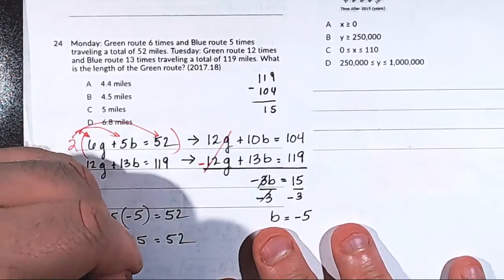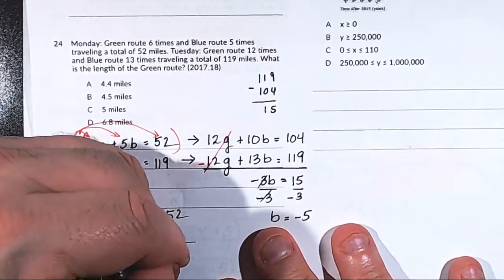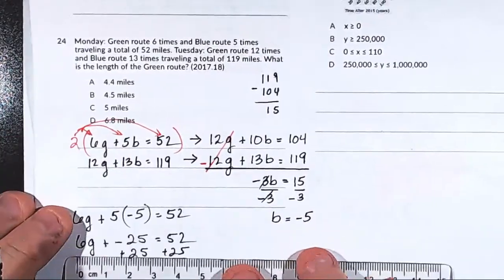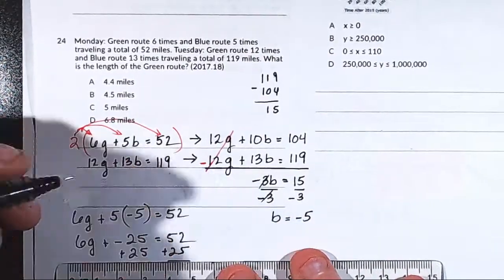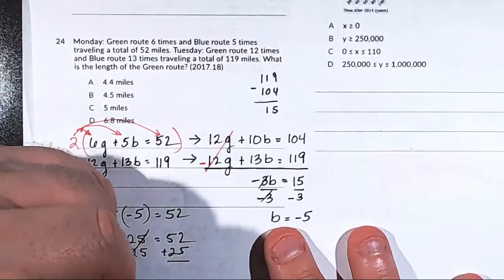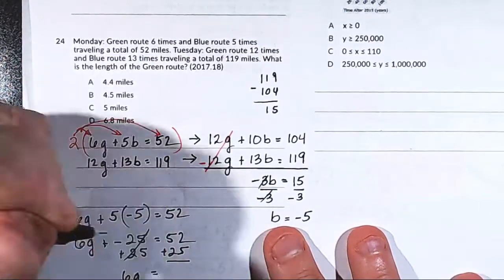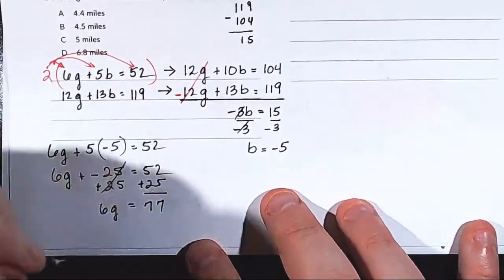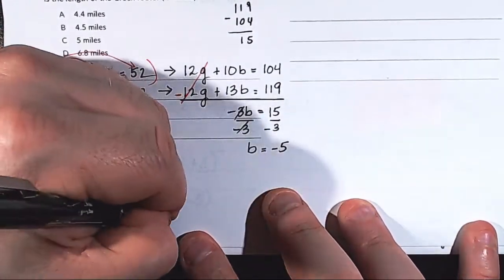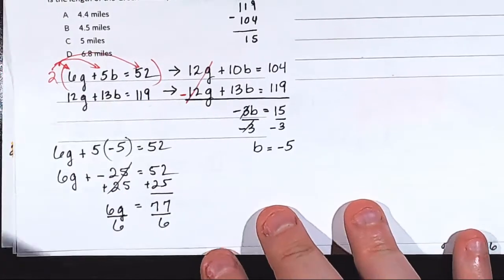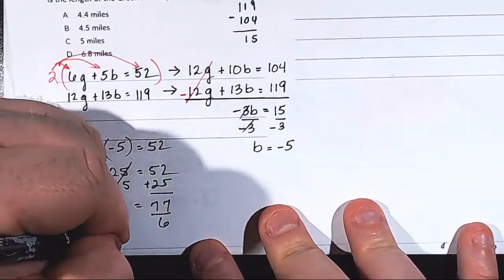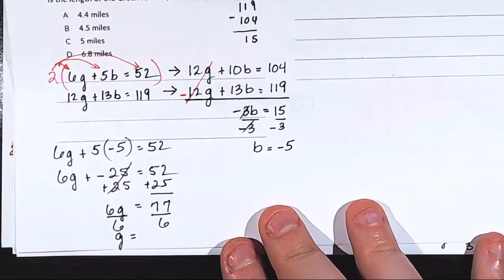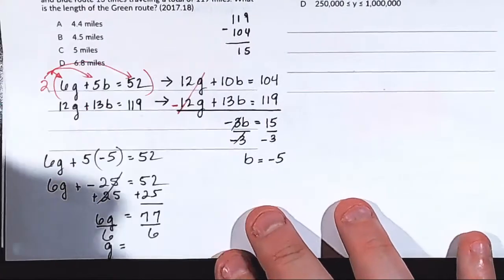And we can add 25 to both sides. And on the left, they cancel out, and I have 6g equals 77. Okay, so now I just have to divide both sides by 6, and I get g equals, now I need to divide 77 by 6.